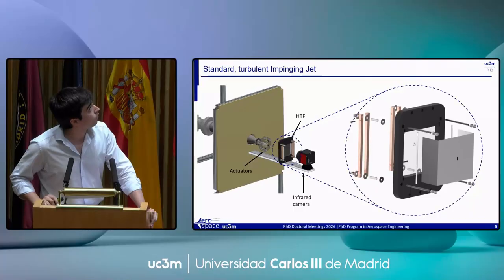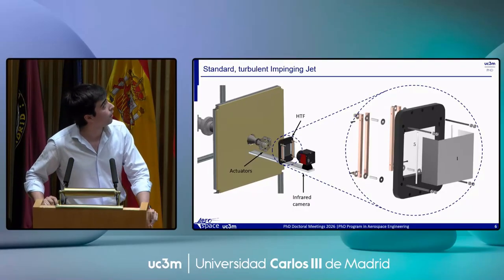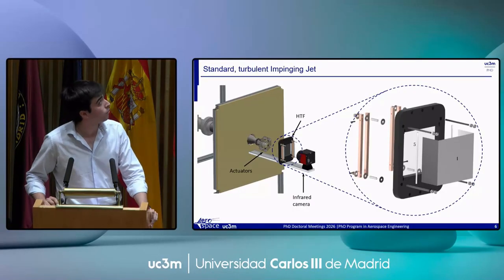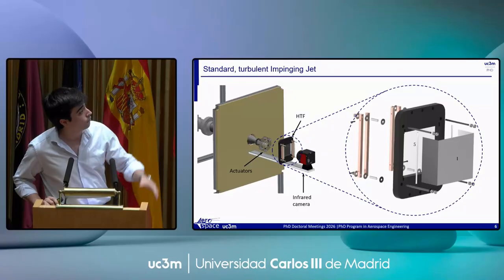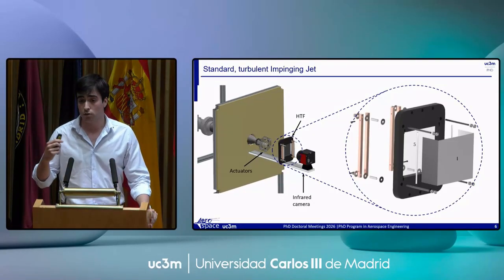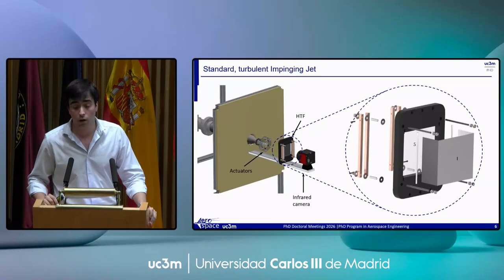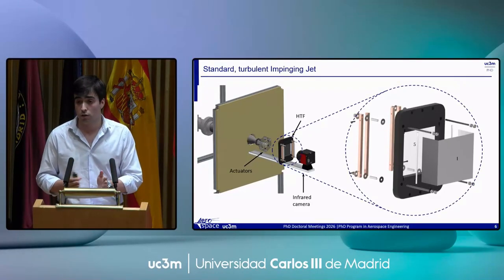So as for the second experiment in which we are working in parallel, in this case an active control strategy, we have a standard impinging jet, which is impinging onto a heated thin foil, and it is actively controlled at the exit. So we have 6 valves which are injecting mass at the exit of the nozzle to change the jet topology.